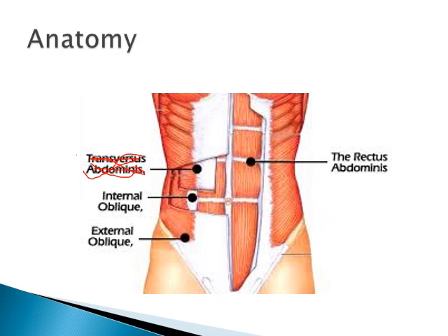It's also often step one in individuals with low back pain, and it's very commonly used to help in managing that.